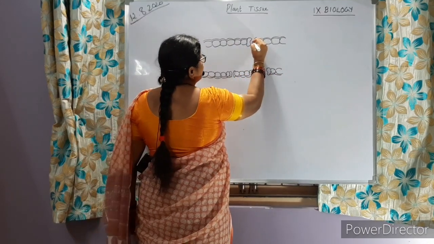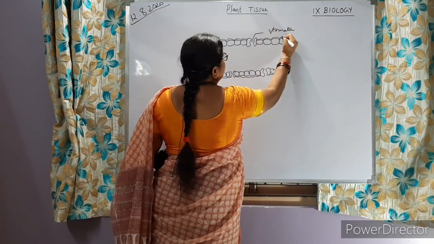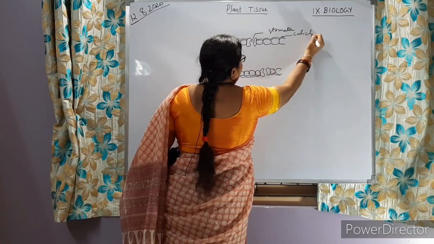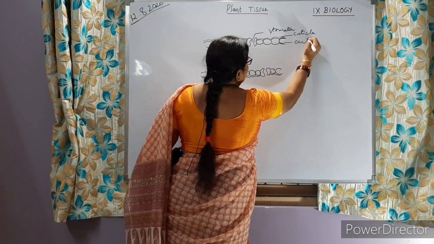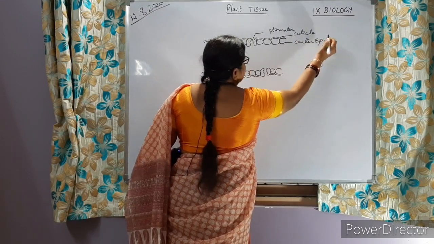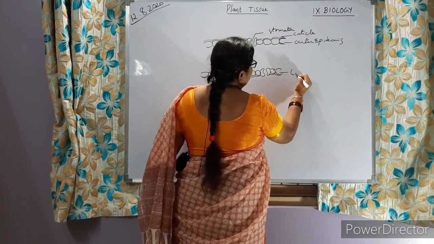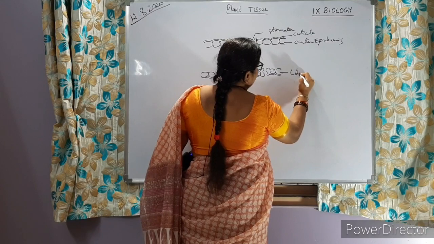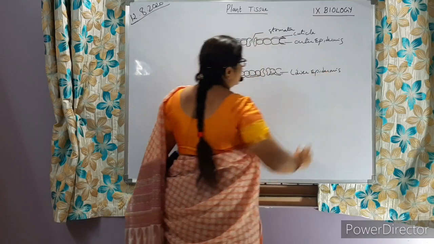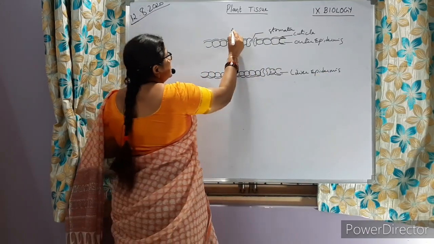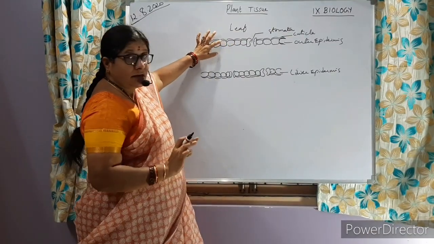So this is the stomata, and this is the cuticle, and this layer is the outer epidermis, and this is the lower epidermis. In the leaf, we know that it is covering tissue.